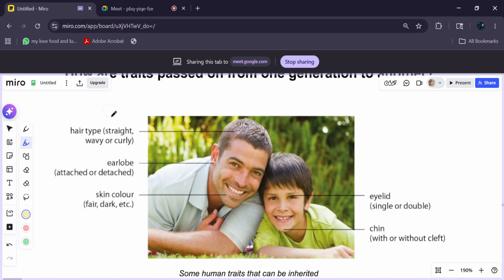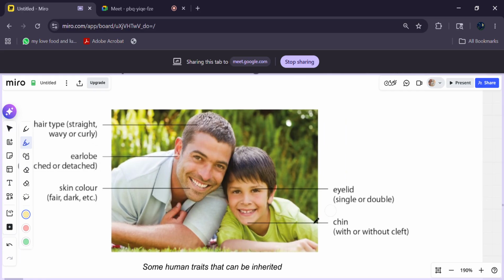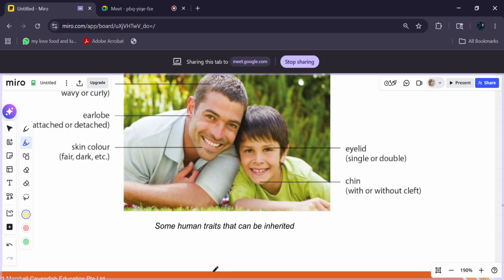In the father, he has hair type straight, wavy or curly, the earlobe attached or detached, or skin color fair, dark, etc. And these traits can be carried on by the child, as the kid can also have similar hair types, similar earlobes, or similar skin color, and they also have their own traits, like eyelids if they're single or double, or the chin, which is with or without a cleft.